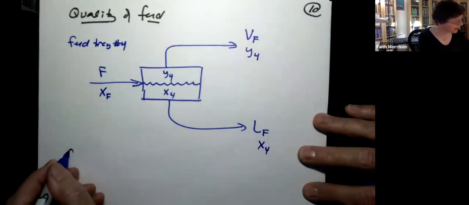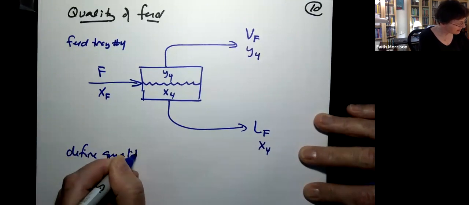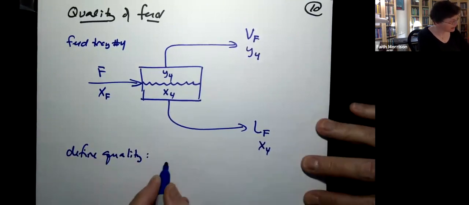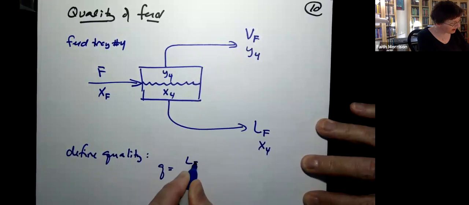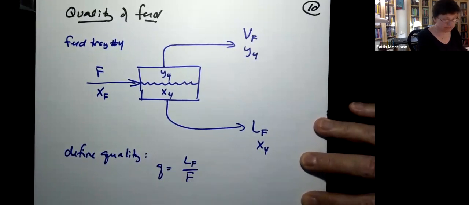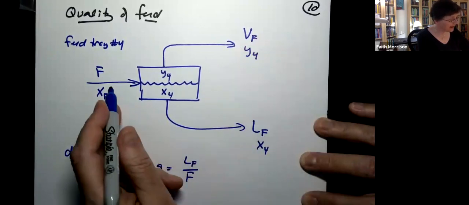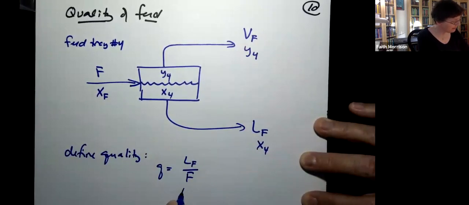So now let's define quality. Quality is the ratio of the liquid in the feed divided by the total flow rate of the feed. So from that, we could also calculate the vapor in the feed as F minus L_F.